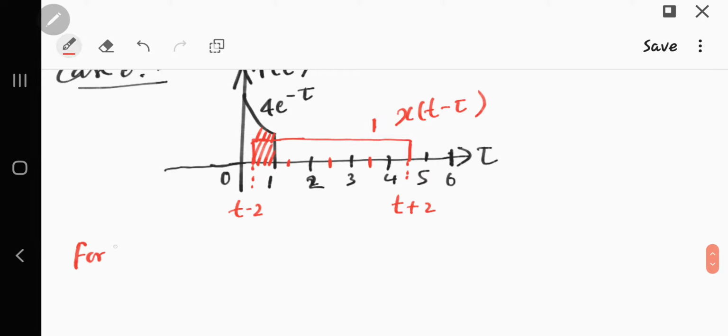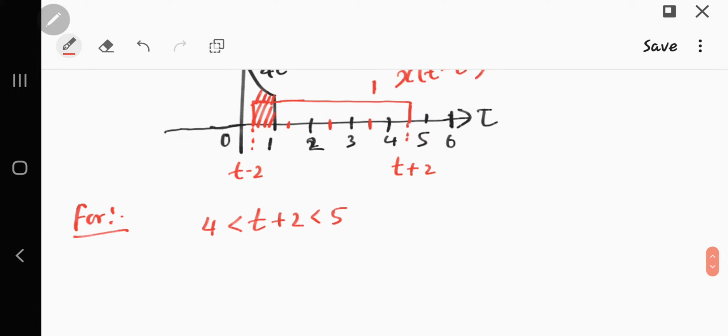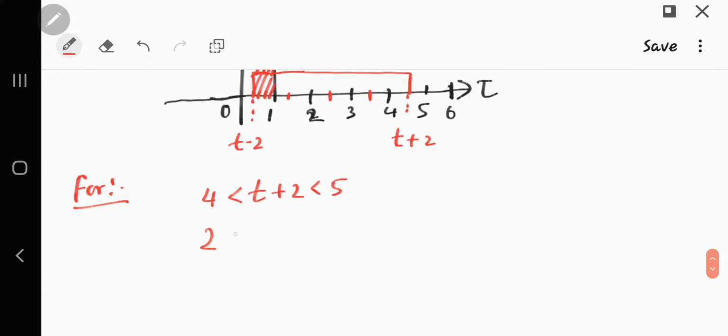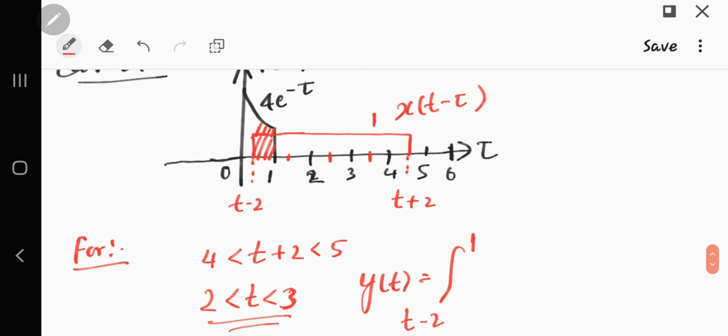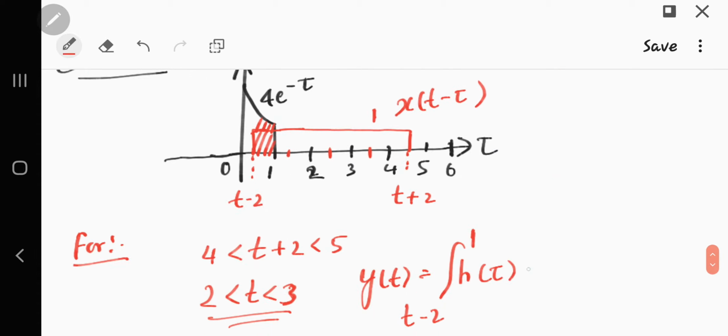So how do you define this condition for t plus 2 less than 5 greater than 4? So simplify this. So you'll get 2 to 3. So what is y of t in this particular duration? Y of t is equal to integral of, now the overlapping region is from t minus 2 to 1. Let's see what happens to the signal. X of t minus tau d tau.